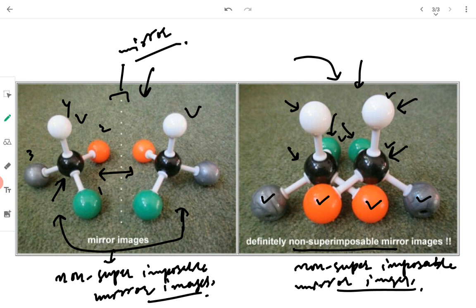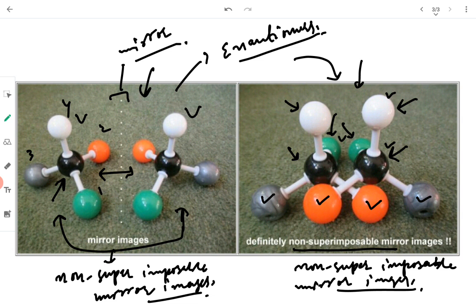They are different stereoisomers, meaning this has one arrangement and this has another kind of arrangement. Such stereoisomers we call enantiomers.